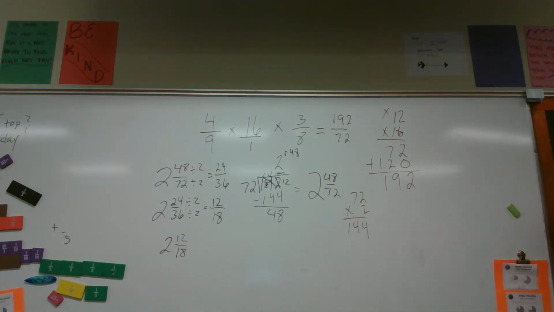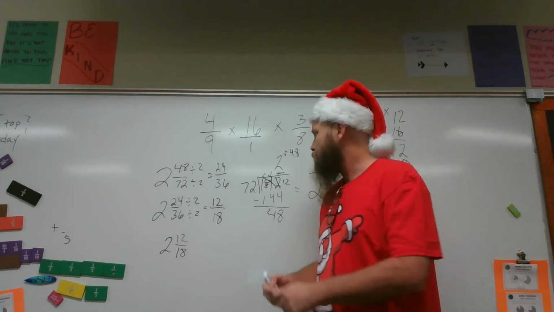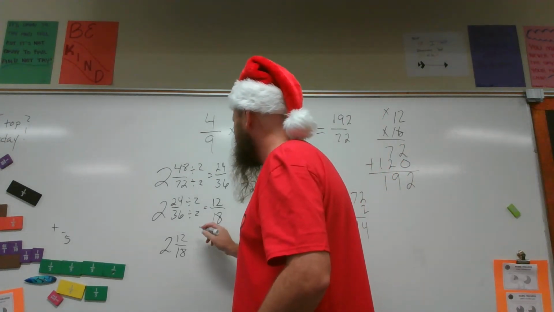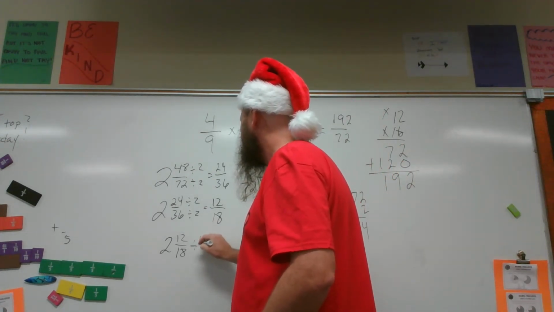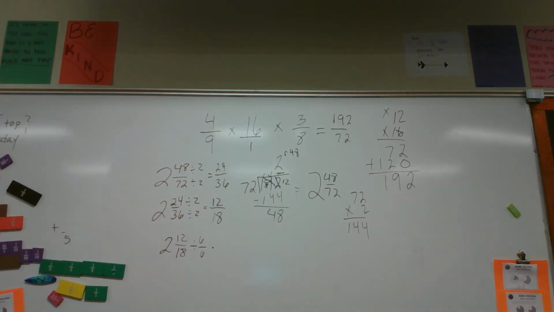Of course, some of you just don't even look at your divisibility rules ever again. So if I divide these both by 6, what is 12 divided by 6, Antonio? 2.